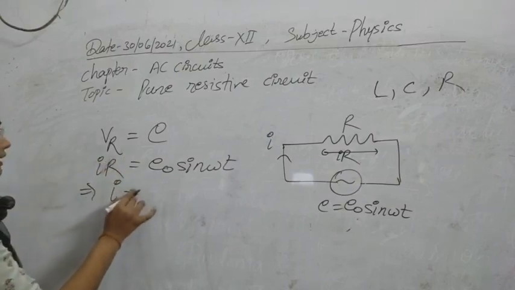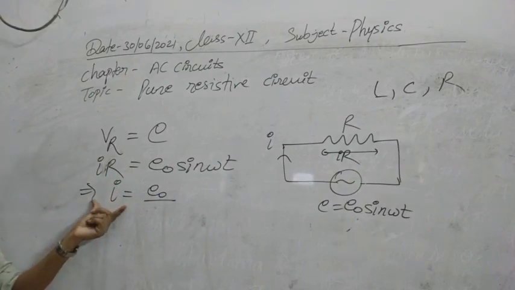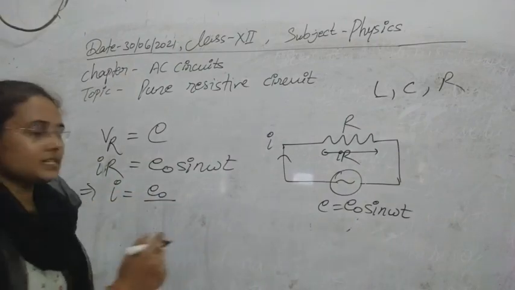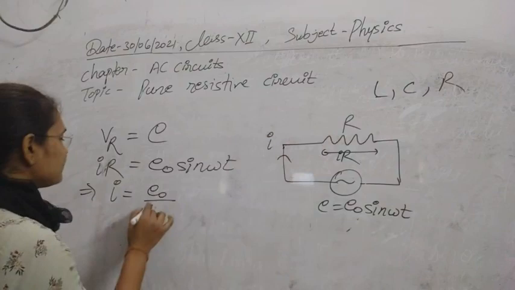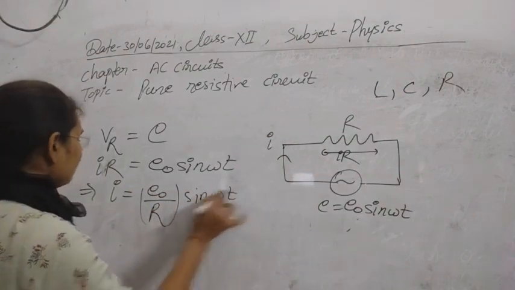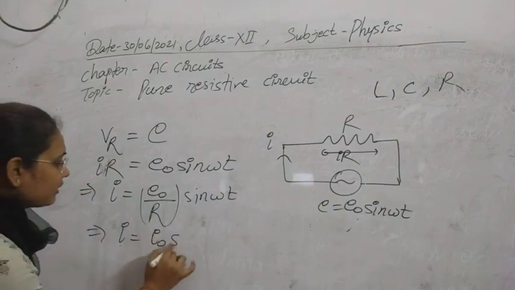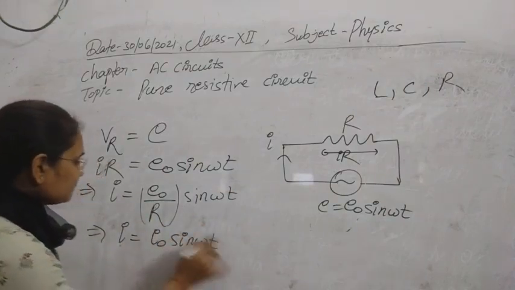From here we can calculate the value of the instantaneous or alternating current in the resistive circuit flowing through the resistor. This is E0 by R sin omega t, or in place of E0 by R we can write I0.